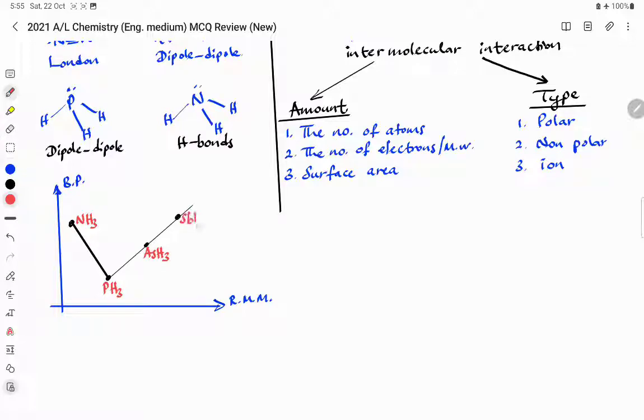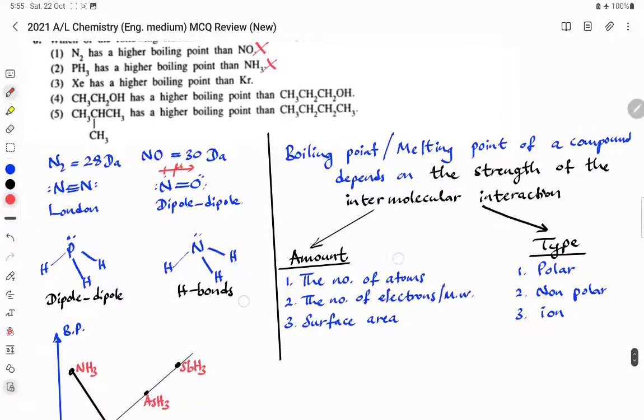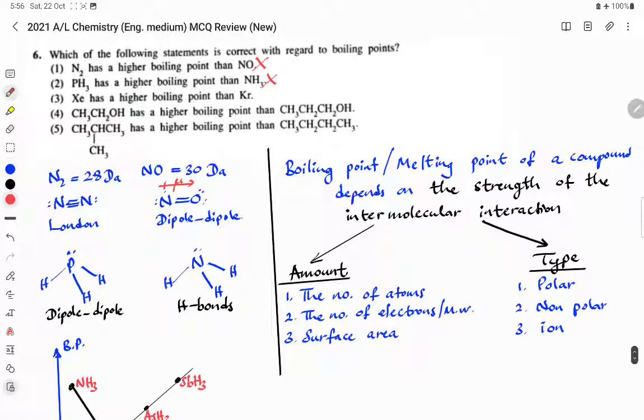SbH3 has a greater boiling point than ammonia because its size is greater and it has a higher molecular weight. Therefore, the second statement is also wrong. It's because hydrogen bonds are relatively much stronger than normal dipole-dipole interactions.